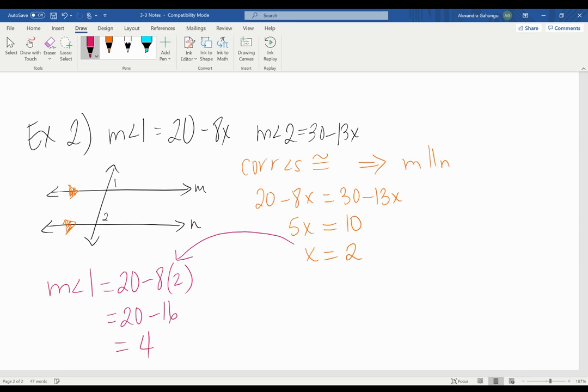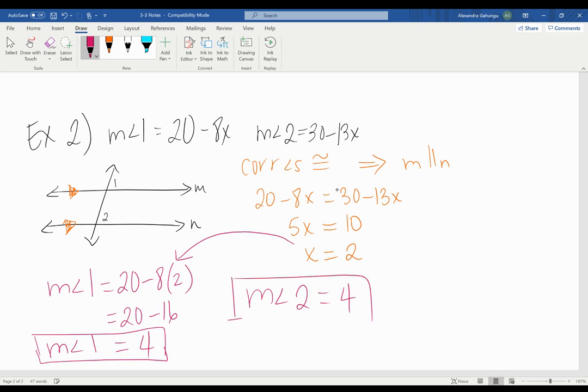So that's a real tiny angle here. And I already know what angle 2 is going to be because it's related to angle 1. So the measure of angle 2 should be the same as the measure of angle 1. It should also be 4, because that's what we said in the first place. Those two angles are congruent.